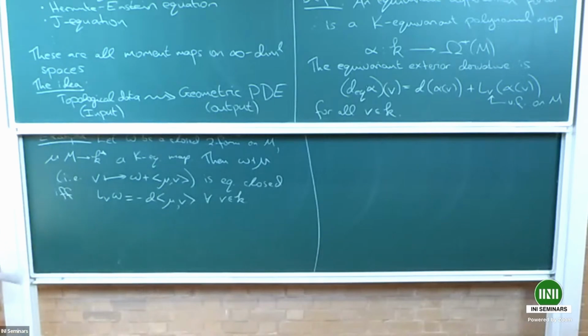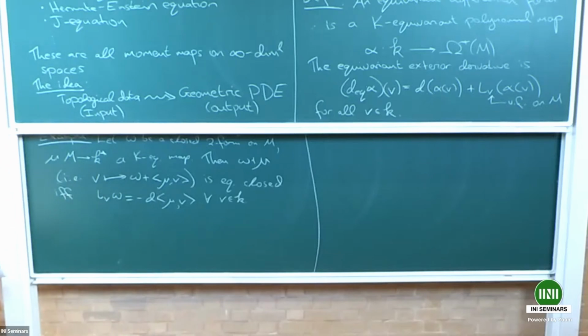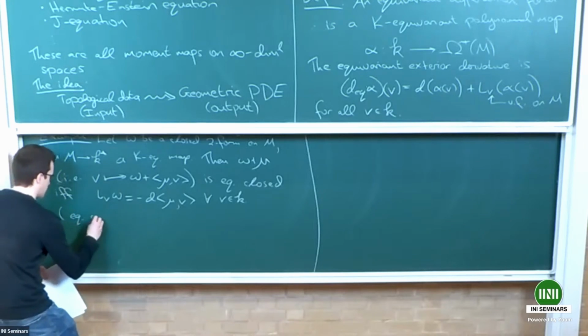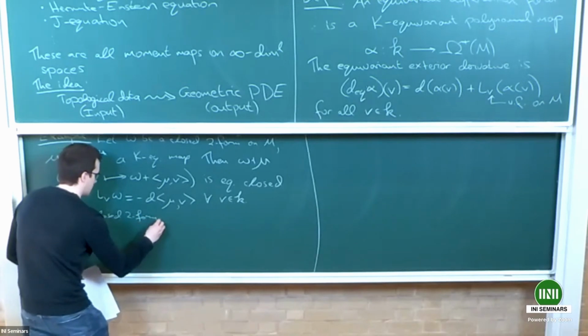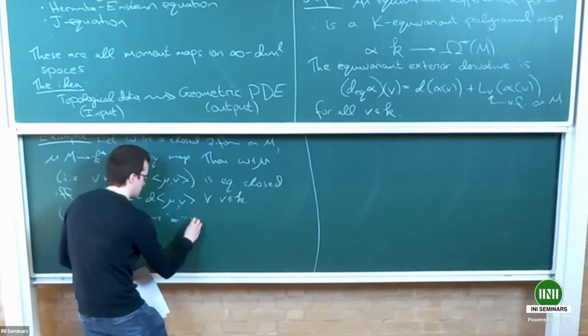And probably this is a familiar property. This is the moment map equation. So really we can think of equivariantly closed two-forms as, in some sense, in quotes, moment maps.